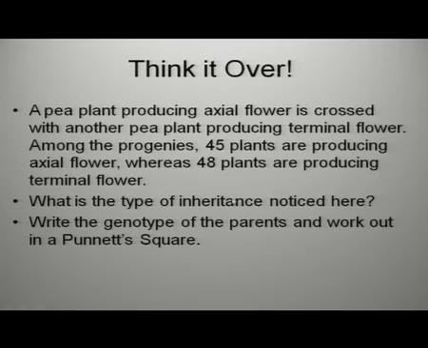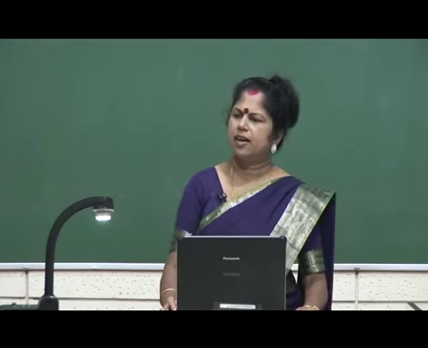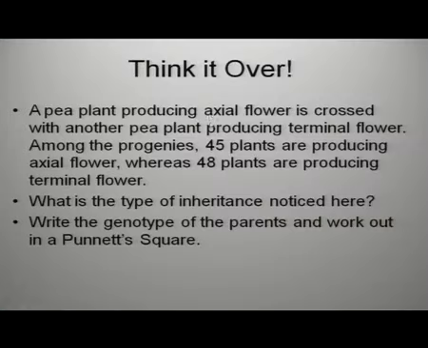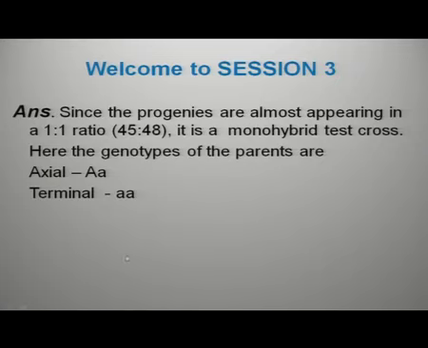And now we know that in test cross, one individual will be definitely heterozygous and the other will be recessive parent. So, here the heterozygous individual will be axial, the plant that produces axial flower. So, here is the question, what is the type of inheritance noticed here? The answer is, it is a test cross, monohybrid test cross.